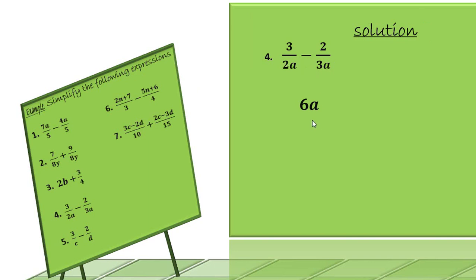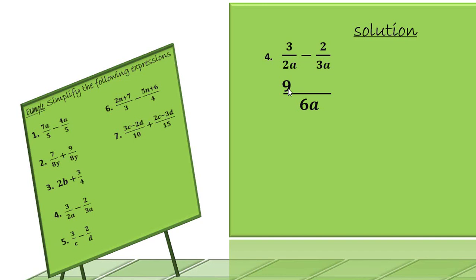Then you draw your bar, then 6a divided by 2a is 3. Then that 3 multiplying the 3 you have here is 9.